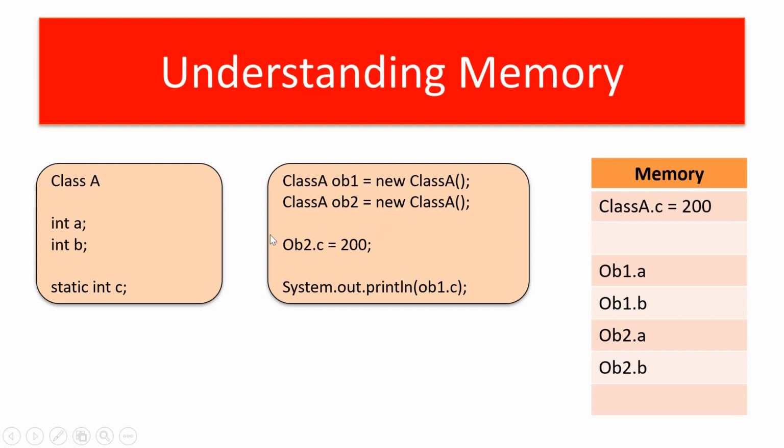So when I overwrite ob2.c equal to 200 and print ob1.c, 200 will be printed. I think we cannot have a much better example than this to understand a static variable and a non-static variable.